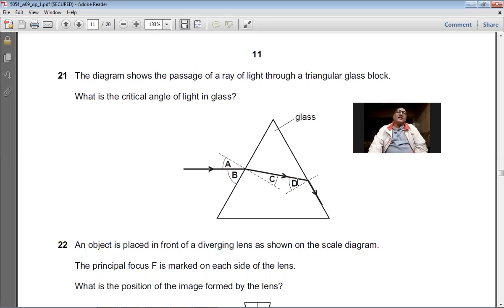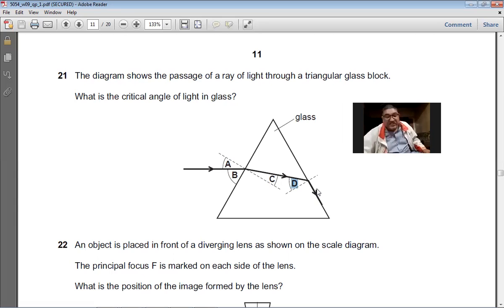So clearly you can see here the light is traveling in the dense medium and comes out into the rare medium, and the light has moved along the surface of the prism. The angle formed here is 90 degrees. So this angle of incidence in the dense medium will be known as the critical angle. So this angle D is the critical angle, because its angle of refraction in the rare medium is 90 degrees.